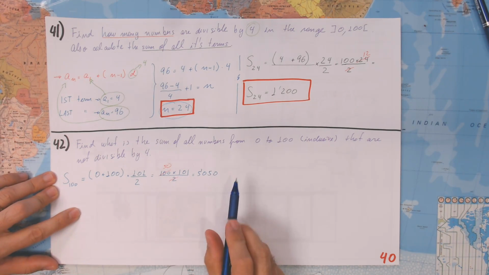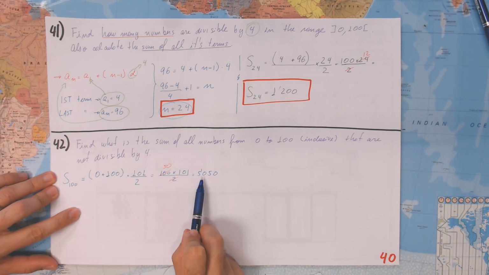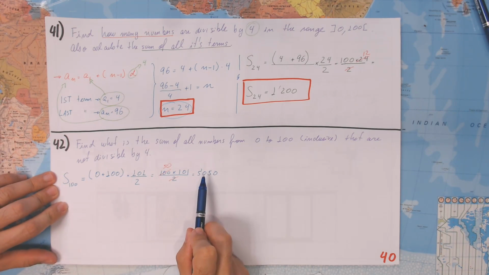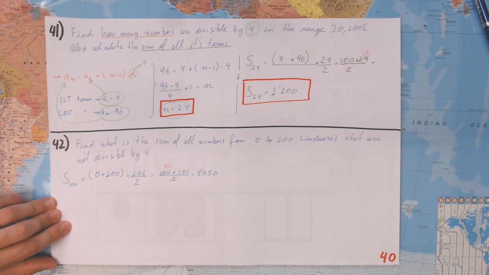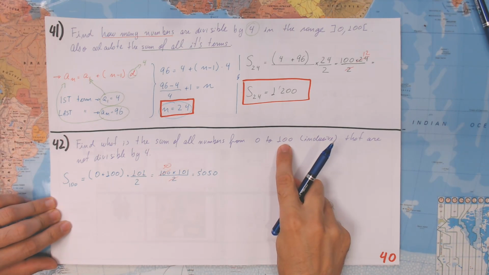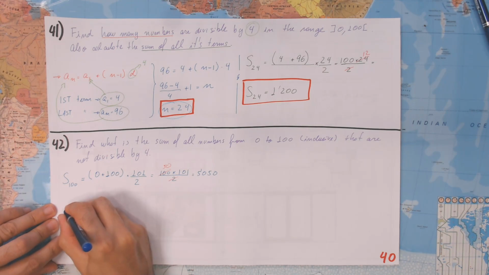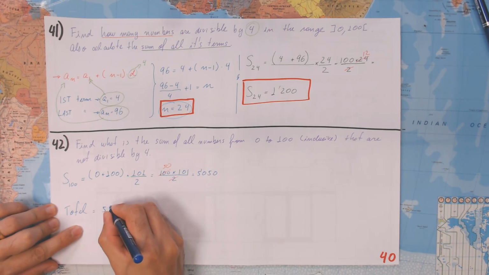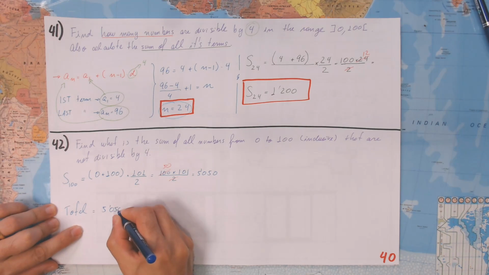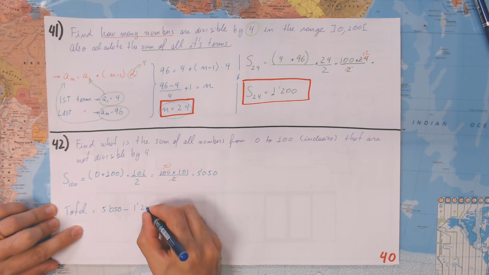5050. This is not the answer, okay? If you sum all the first 100 terms, this is going to be 5050. But we have to discount the ones that are divisible by 4. But now look, we are considering 100 inclusive. Now what is going to be the answer? The total is going to be 5050 minus 1200.